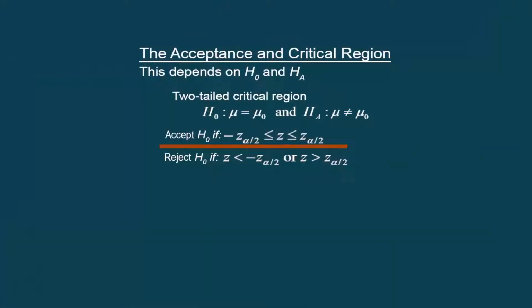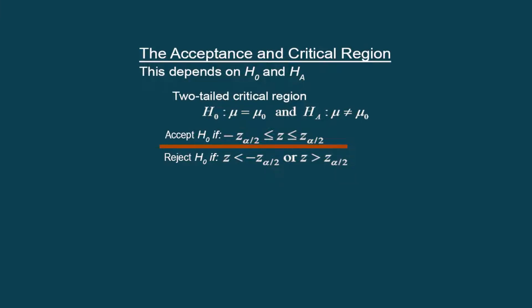Based on this, we set up two decision rules. The first decision rule says accept H0 if the computed value of the Z statistic lies between the lower and the upper bounds. These bounds are at alpha by 2, because if we consider the 5% level of significance as our acceptance limit, then alpha is 5%.